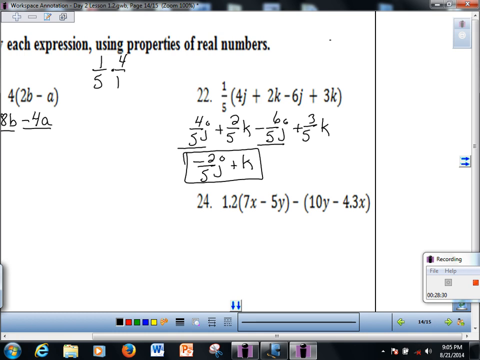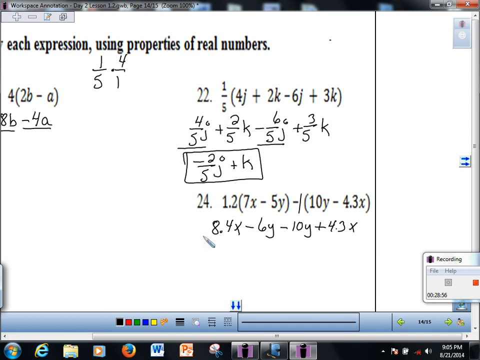I don't have my calculator in front of me, so when I distribute here, I'm going to get 8.4x minus 6y, and there's an invisible 1 right here. So I've got minus 10y plus 4.3x.